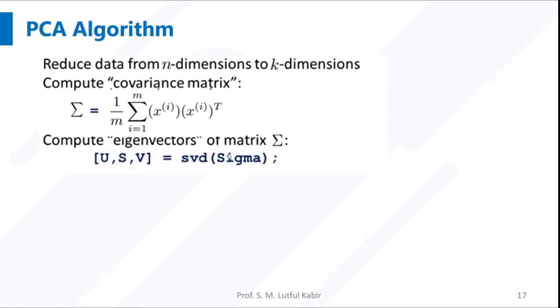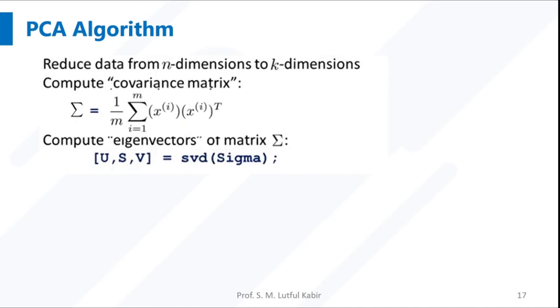Once you get the covariance matrix, you have to calculate the eigenvectors of matrix sigma. This is given by this equation, [U, S, V] equals a function called SVD.